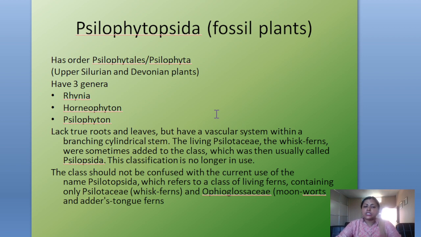But this class should not be confused with the current use of the name Psilopsida, which refers to the class of living ferns containing only the Psilotales: the whisk ferns and the Ophioglossum members, or the adder's tongue fern.